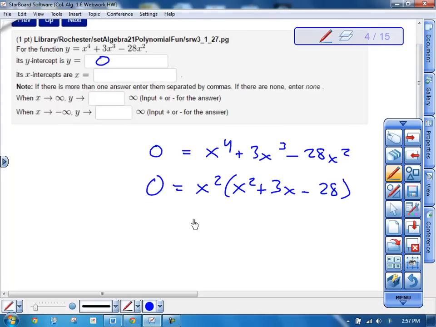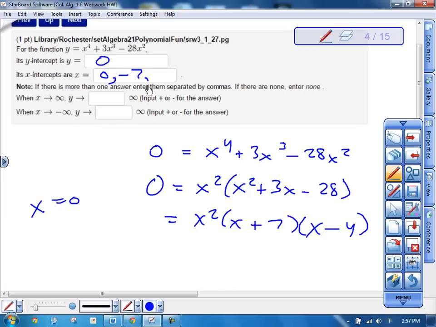So we know x equals 0 is one of the x-intercepts. But we also might be able to factor this into two linear factors. So it'd be 7 and 4 again, so plus 7 minus 4, and so you have negative 7 and 4 again.